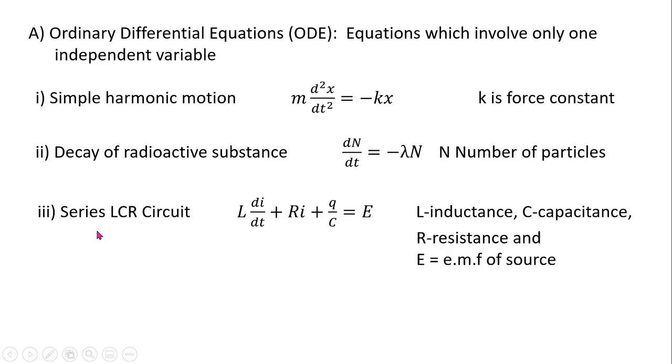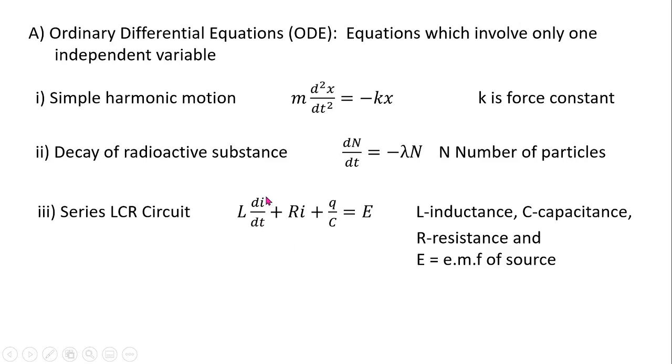Third example, the series LCR circuit. If inductance, capacitance and resistance are connected in series and a battery is connected across this series combination, and if we switch on the circuit, then the current in the circuit changes with respect to time.